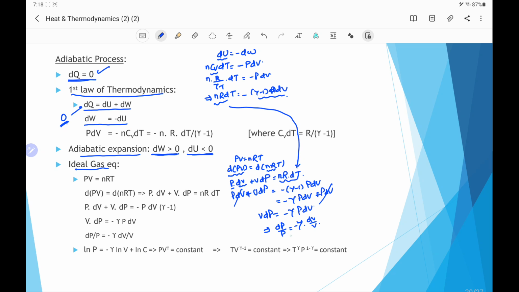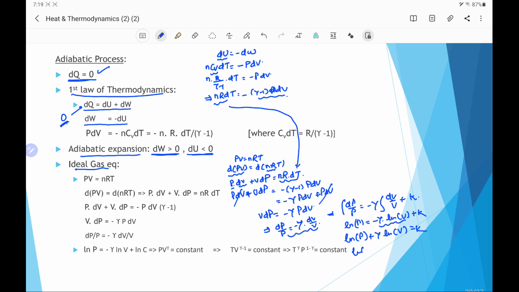Now on integrating this, we will have integral dP by P equal to minus gamma, which is constant so it is taken out of the integral, and the remaining is integral dV by V plus a constant, which is the constant of integration. The integral of 1 by P is log P, and it is equal to minus gamma times log V plus k. Taking this to the left-hand side, log P plus gamma log V equals k.